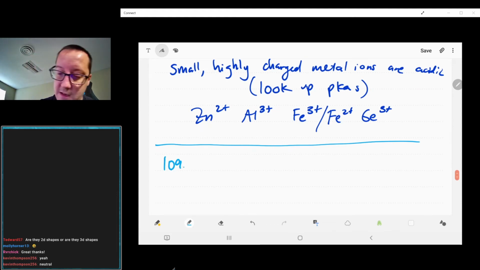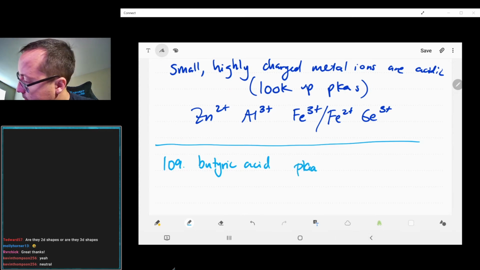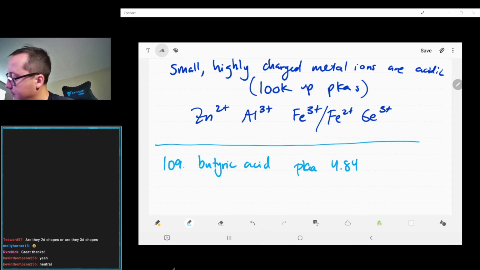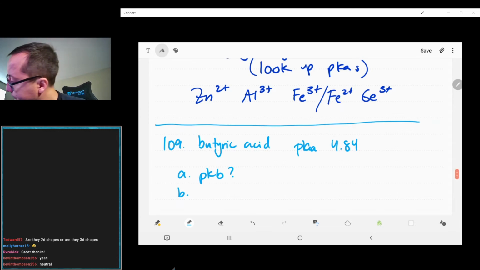We have butyric acid. It's got a pKa of 4.84. We want to find a couple of things here. Find its pKb.